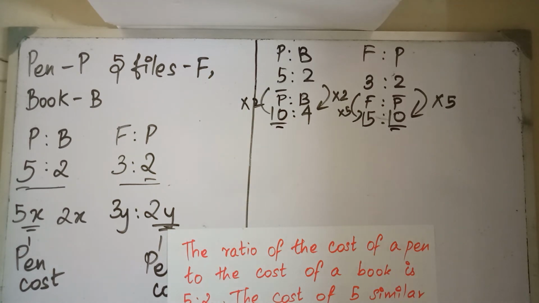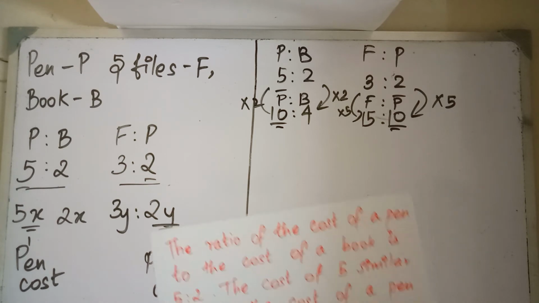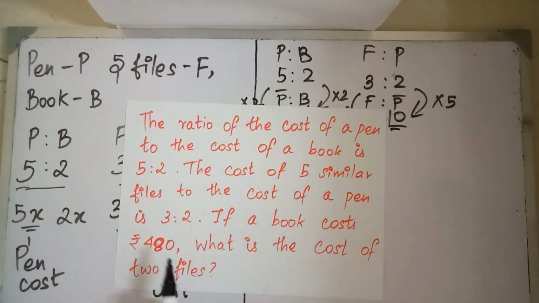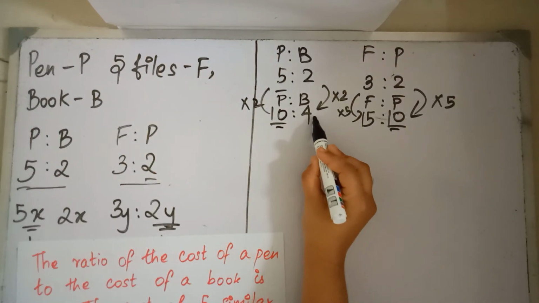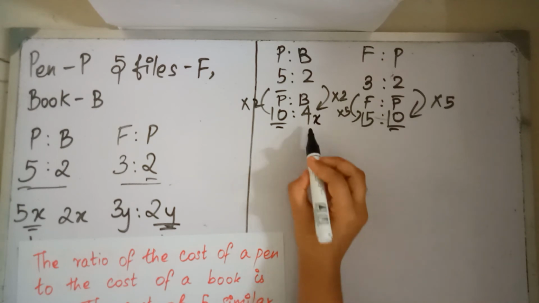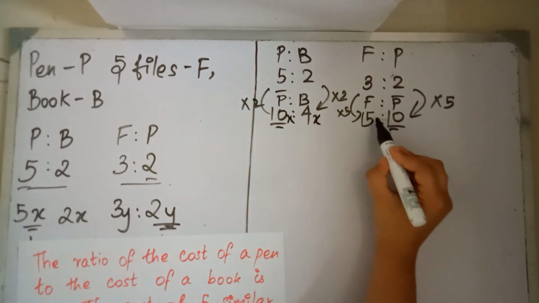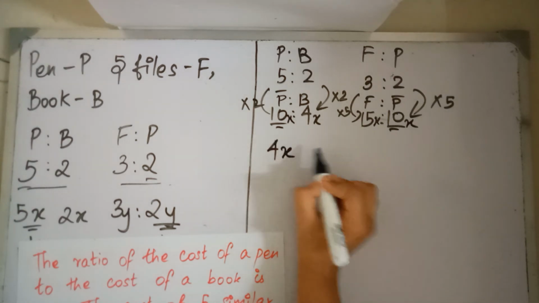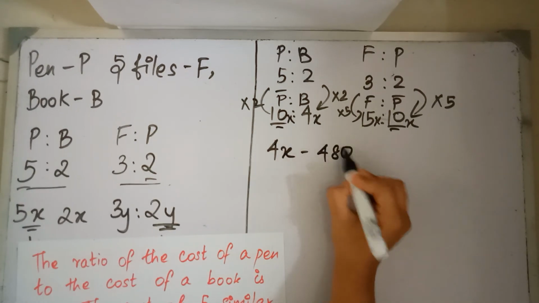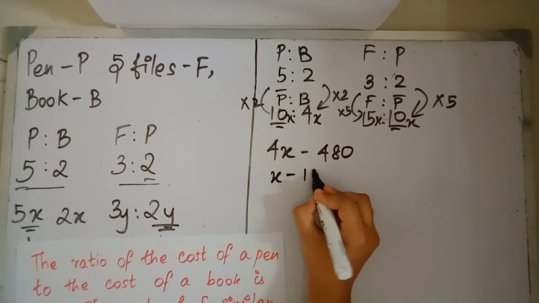The problem states that the cost of the book is 480 rupees. The book cost is 480 rupees. 480 rupees is actually 4x. This will be 10x, 15x, 10x. So 4x is 480, x is 120.